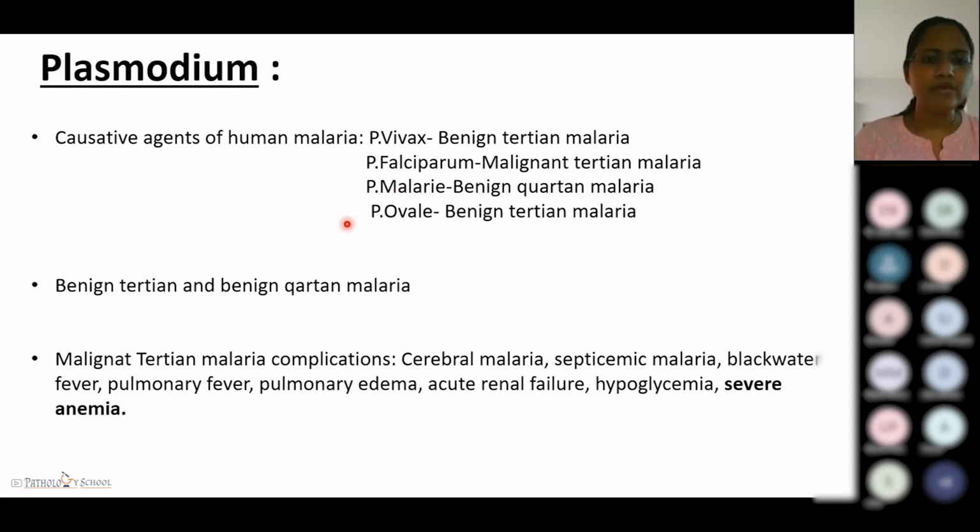In benign tertian malaria, the fever spike comes after 48 hours, but in benign quartan malaria, the fever spike comes after 72 hours. Plasmodium falciparum causes malignant tertian malaria because it leads to fatal complications like cerebral malaria, septicemic malaria, blackwater fever, pulmonary edema, acute renal failure, hypoglycemia, and severe anemia.